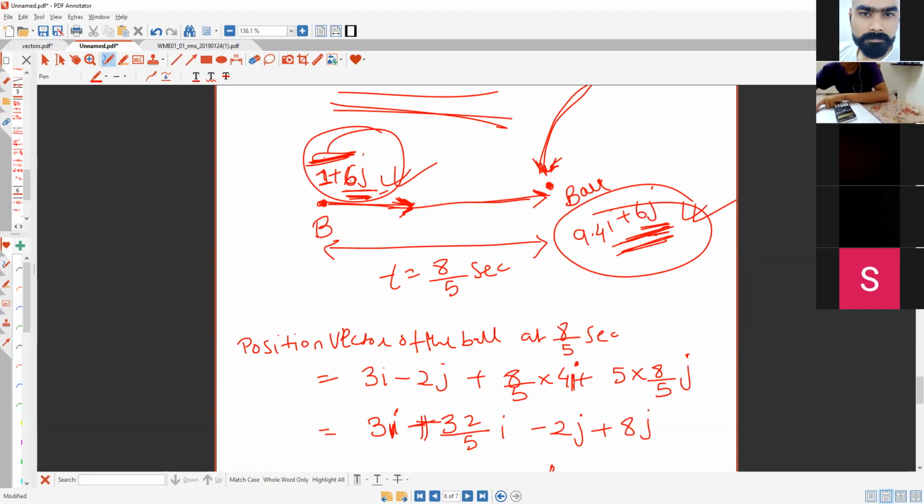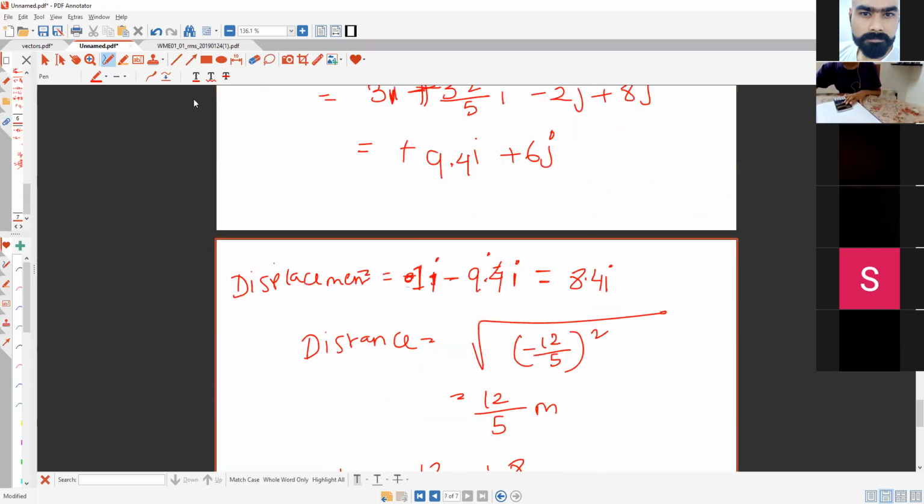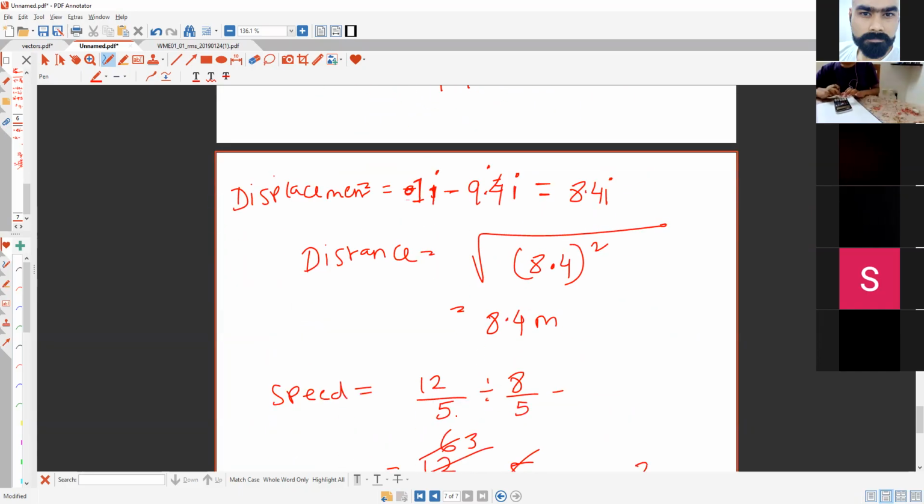Bolo ki na bolo? Yes. Okay then. So displacement is 8.4i. Your distance is also 8.4i. Remember that, because if only a single letter is there, we don't have to root it. Direct answer. So answer is 8.4 meter. Okay.